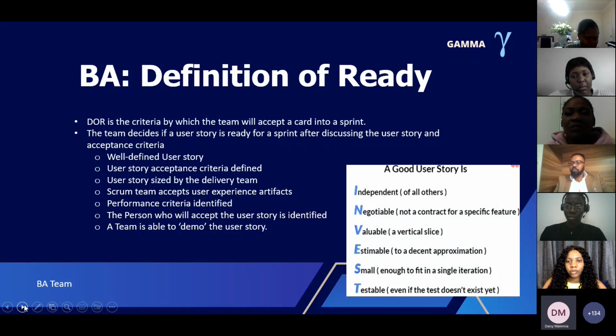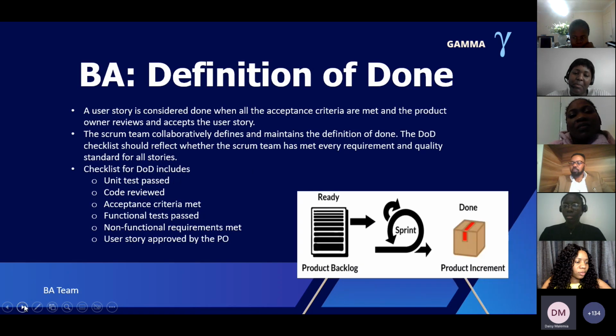An example of a ready story is a well-defined user story, and as you can see here, the acronym INVEST. Whenever you have time, you can come back to the presentation and see what a good user story and what ready is. And also now this is the definition of done. So as you can see, it starts with a ready user story, and then it goes into sprint, and then it's done. Next, please.